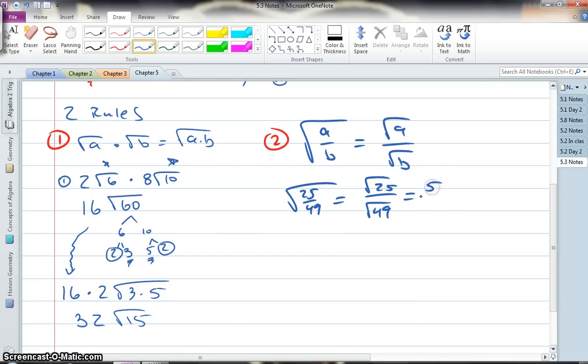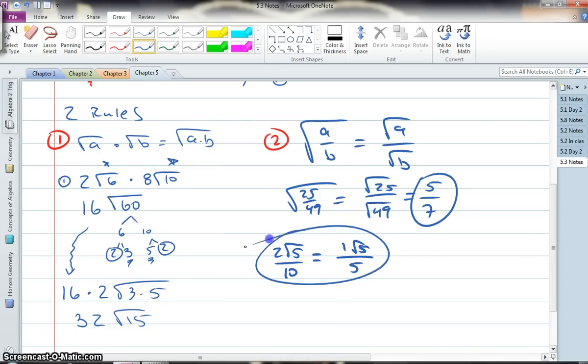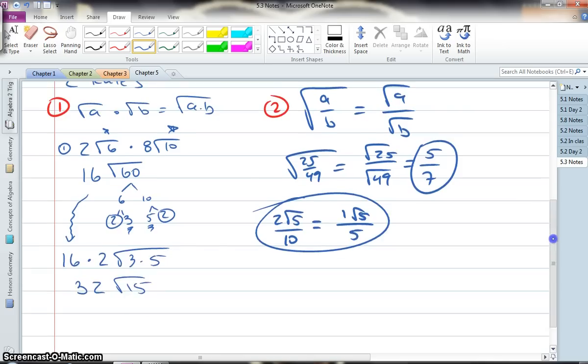Those are both perfect squares, so that works out beautifully. Now, in the event they weren't perfect squares, let's say you got something like 2 root 5 over 10. You could simplify numbers with numbers to be 1 root 5 over 5, or just root 5 over 5. So just a little side note when simplifying radicals.